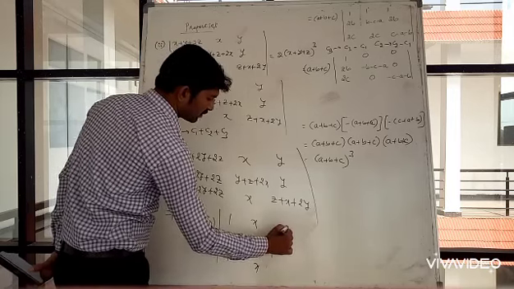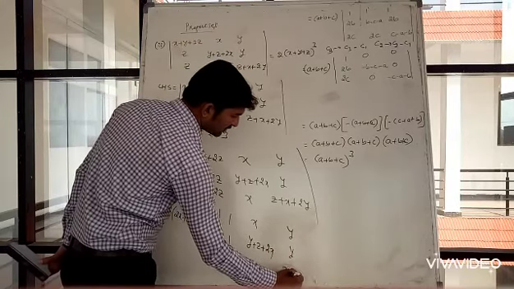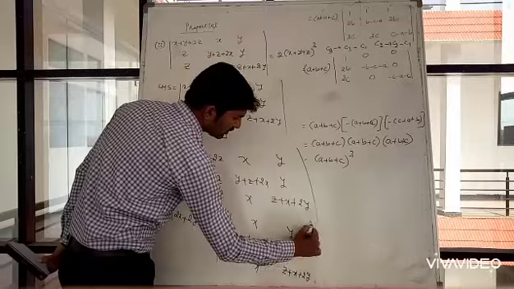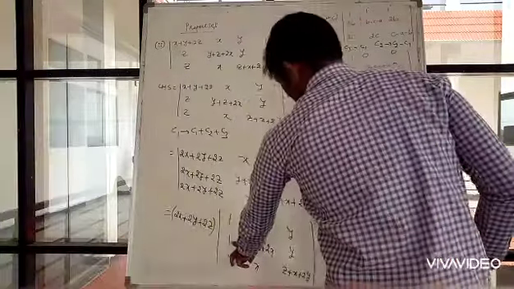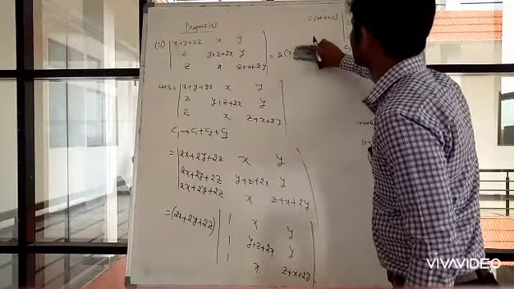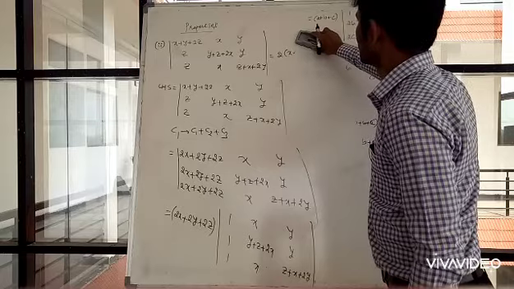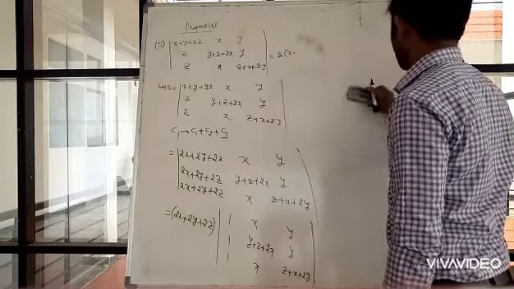Here x, y, y, z plus x plus 2y. Is it right? Then making these two as 0. Into bracket x plus y plus z whole cube will be required.